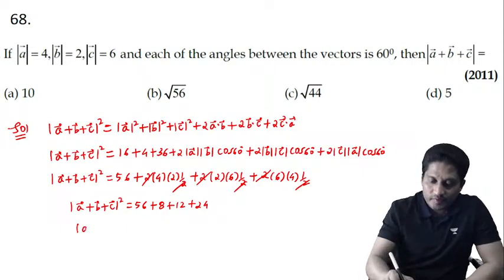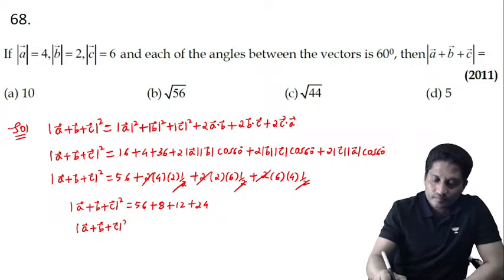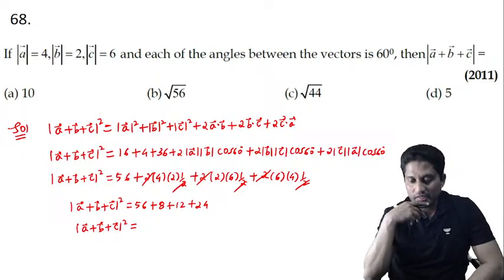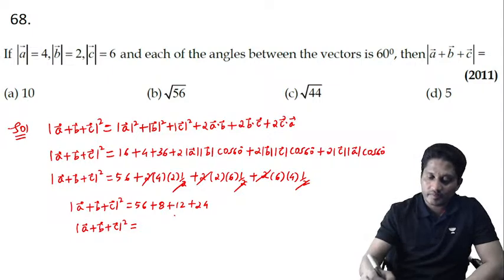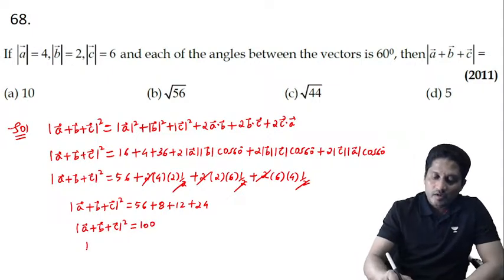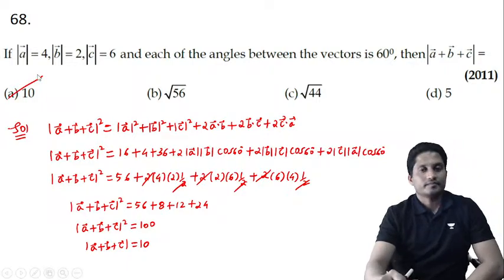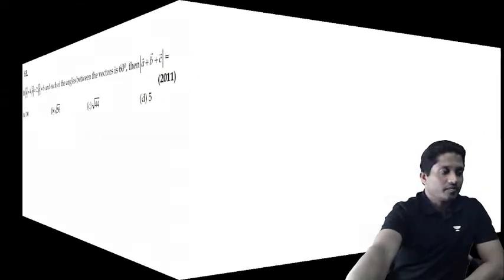Okay, so mod of A plus B plus C the whole square is equal to 56 plus 24, 80. 80 plus 20 will be equal to 100, right? Modulus of A plus B plus C is equal to root of 100, which is equal to 10. Answer is option A. Right, let's move to the next question.